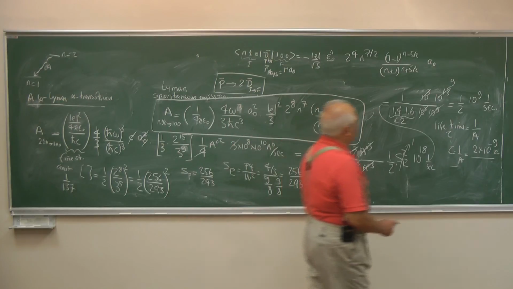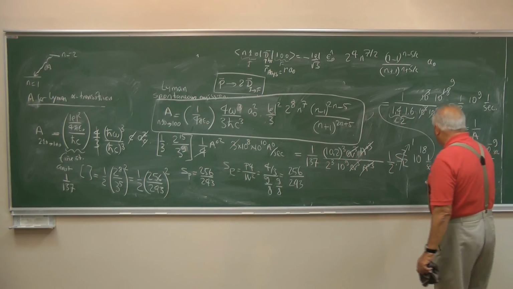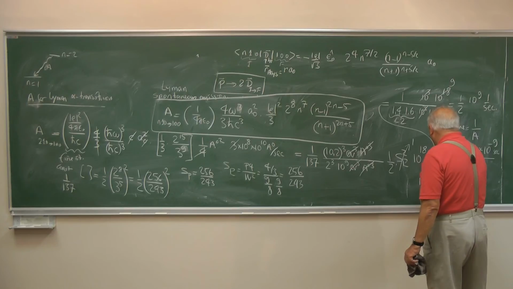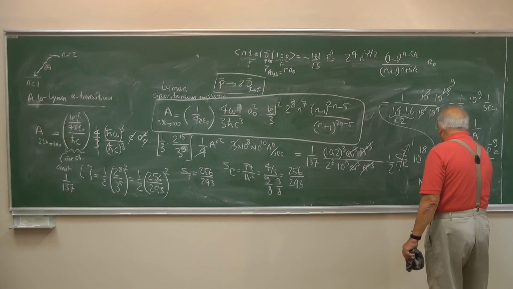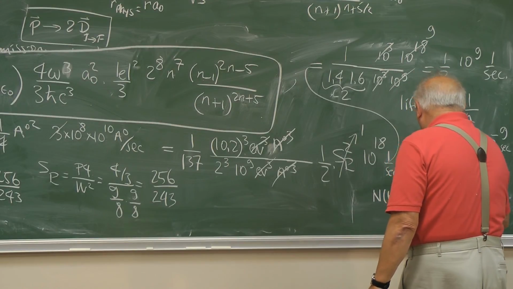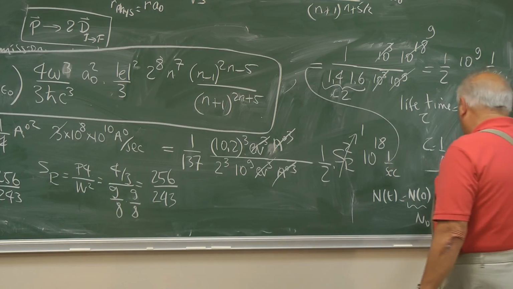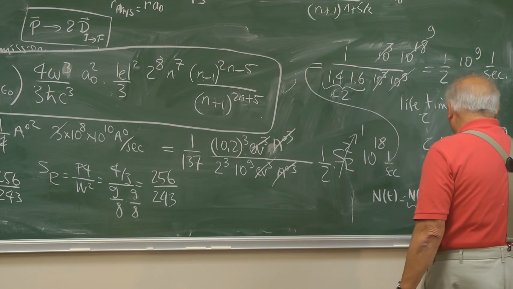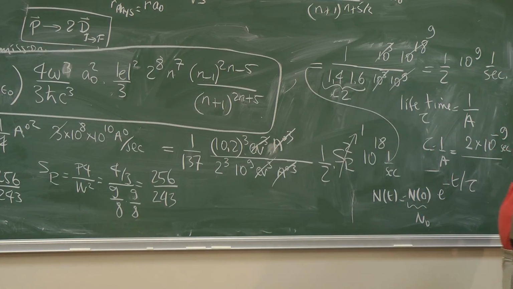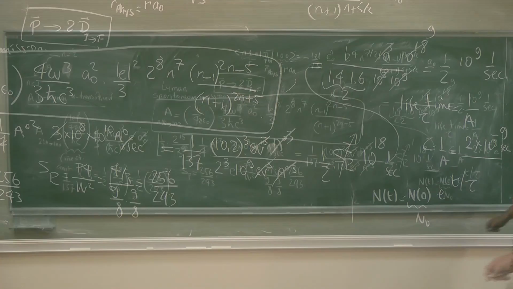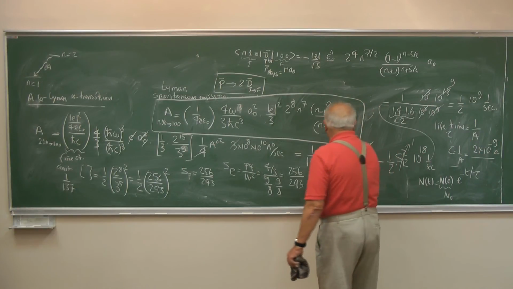And what does lifetime mean? Lifetime is this. N of t is n of 0. Suppose at time 0 you have so many hydrogen atoms in the n equals 2 state, m equals 0. It is e to the minus t over tau. Tau is lifetime. It's not the half-life, but it is, of course, related to that.